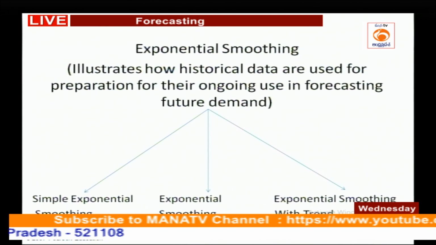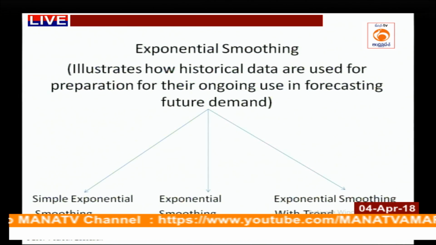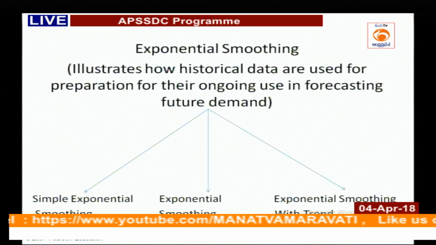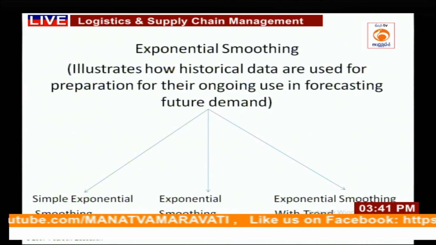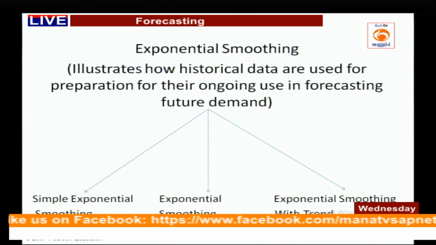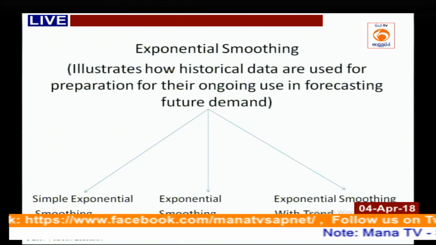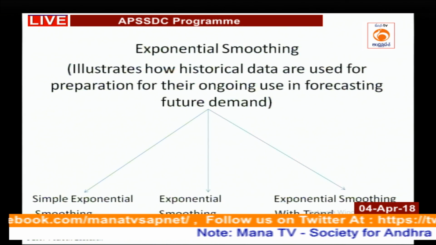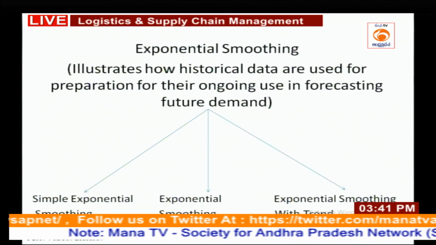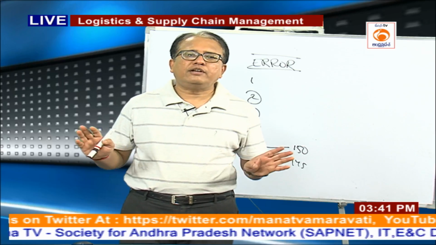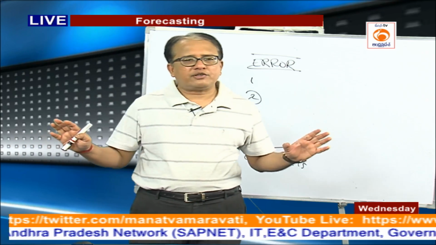In exponential smoothing, there are three components or three parts. One is simple exponential smoothing, one is exponential smoothing with trend, and the third is exponential smoothing with trend and seasonality. Simple exponential smoothing is where we do not take into consideration any trend or seasonal variation.